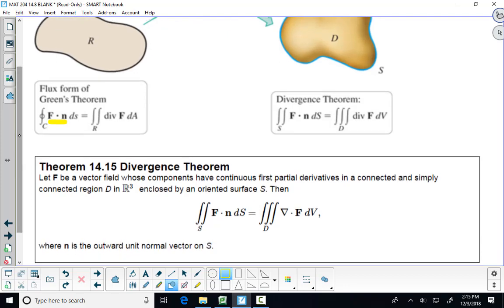D is a solid object. That thing right there is a solid object. I don't know what letter they would use. Some books use a G. I'm not sure why they would use a G either.